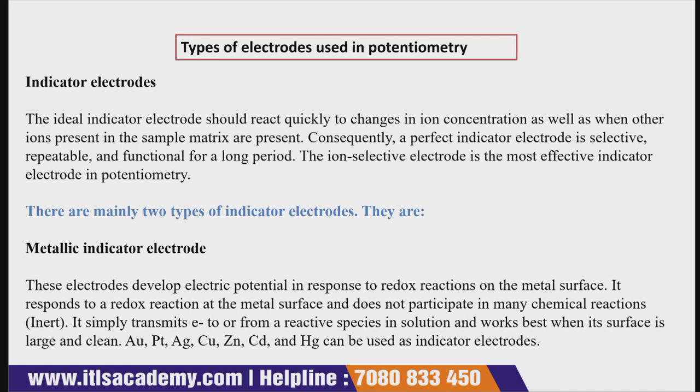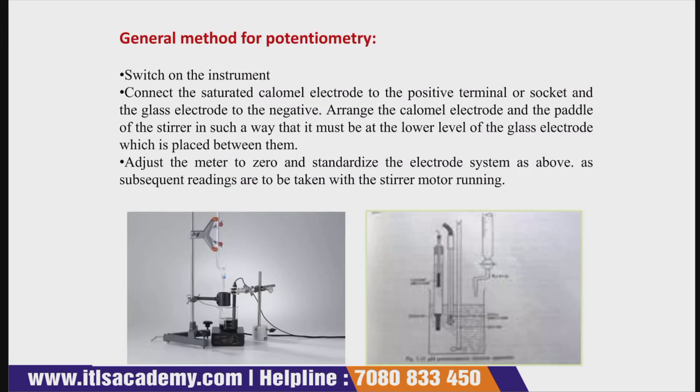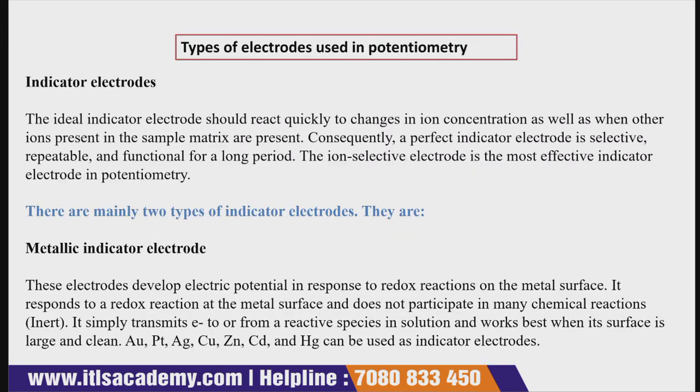Now again, there are mainly two types of indicator electrode. The first one is the metallic indicator. This type of electrode simply transmits electrons to or from the reactive species in the solution, and it works best when the surface is large and clean.